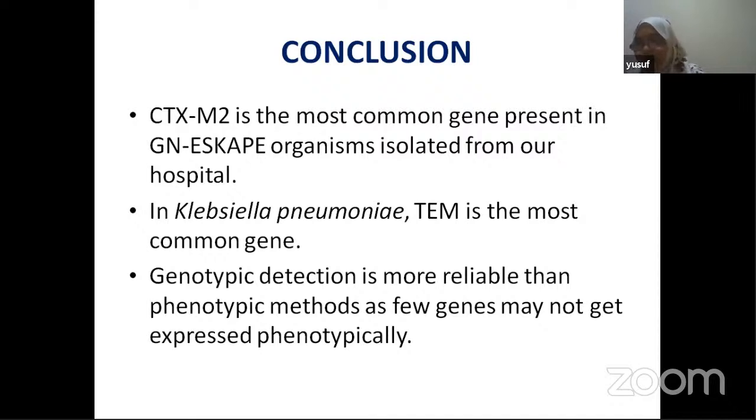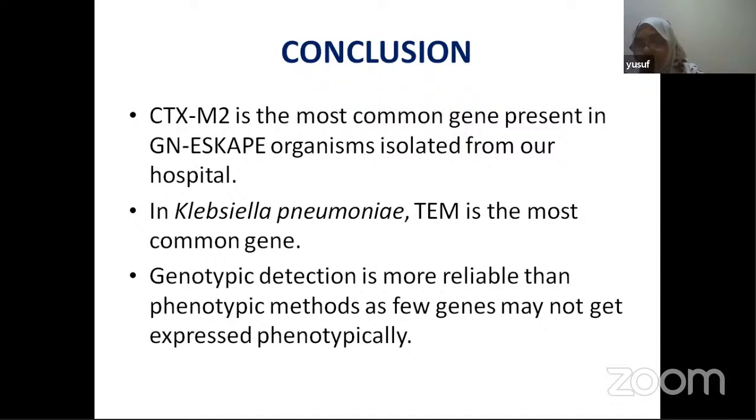Therefore, genotyping helps in early detection of resistance towards antimicrobials by these bacteria, and it helps in early and appropriate selection of antibiotics by the treating physician for better outcome of the patient. And it helps in our major aim, that we want to save the antibiotics.